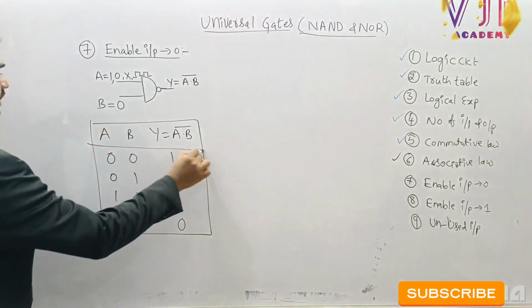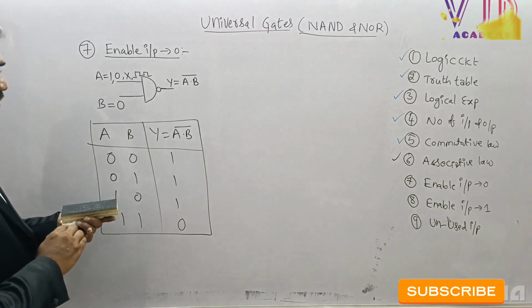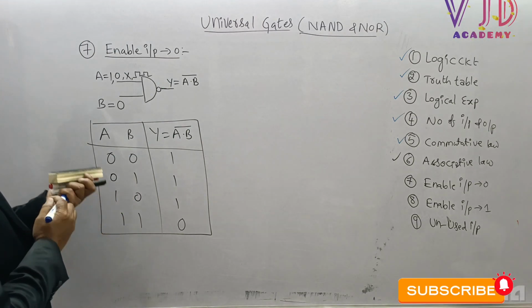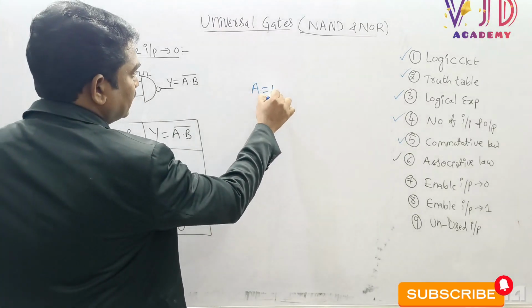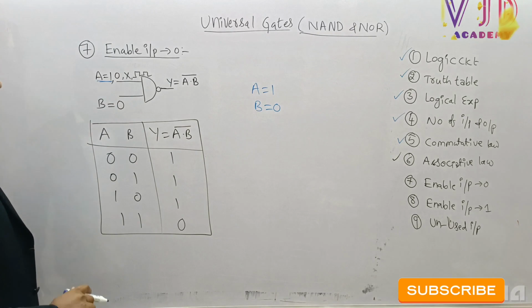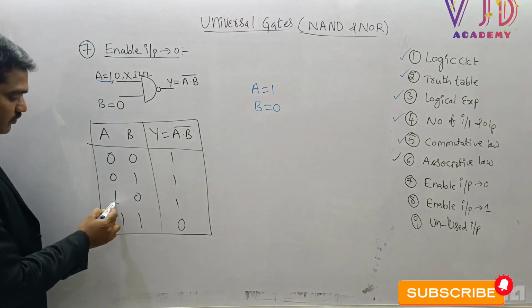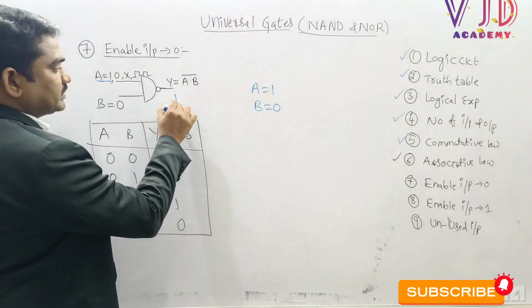Now let us try to understand the behavior of enable input 0. Sir, the moment I take the first condition, A equal to 1 and B equal to 0, what will happen? When A equal to 1, B equal to 0, output is 1.